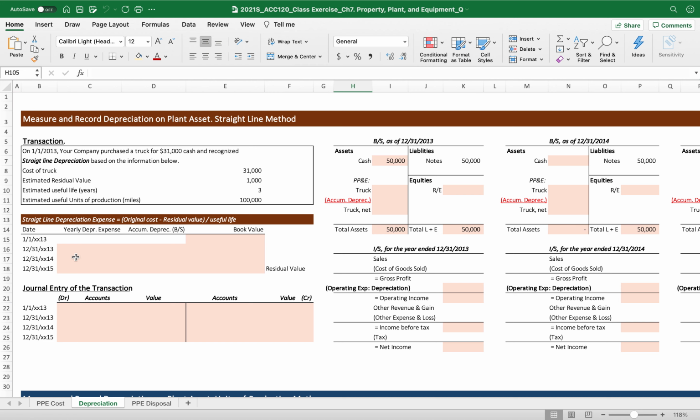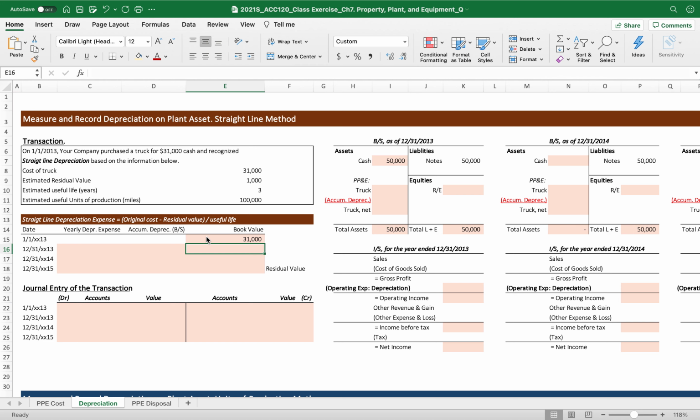So how do we calculate? Let's make the straight-line depreciation schedule first. The book value when the company purchased is just $31,000. So $31,000 is the capitalized asset, the PP&E, the truck, when the company purchased it.